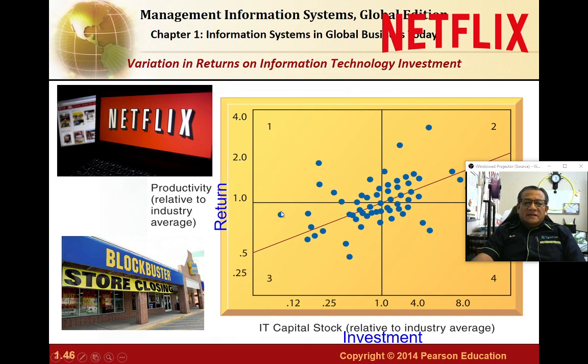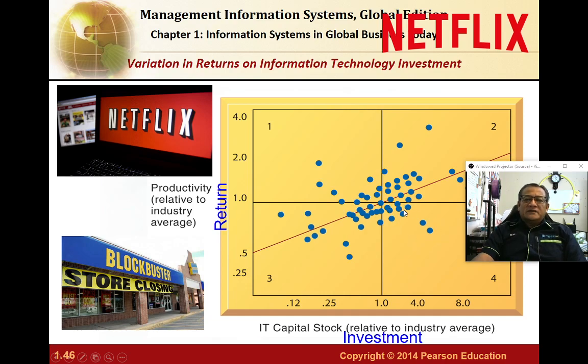However, poorly, this is quadrant 3, in which you have low investment in IT, and yet you achieve low return, right? There are many companies in this kind of category. And there are also some companies that invest high but have low return. Such companies also exist, which is this part.